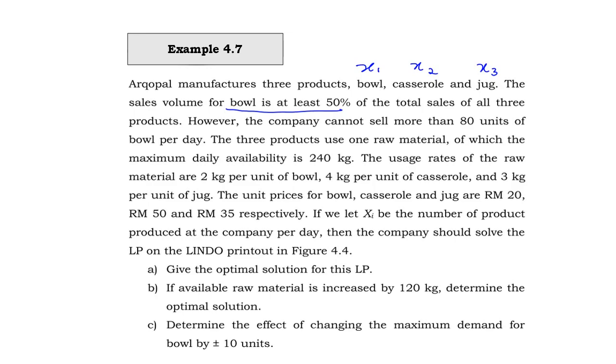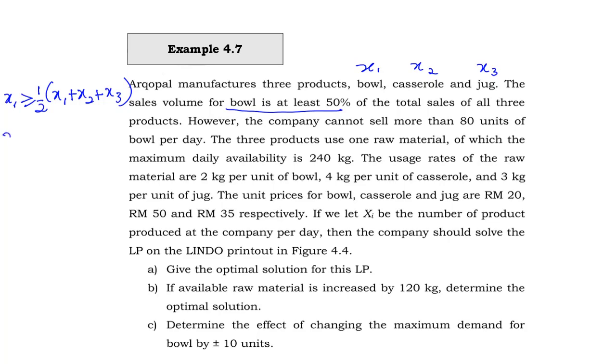For the first constraint, x1 must be greater than or equal to half of the total sales, x1 plus x2 plus x3.